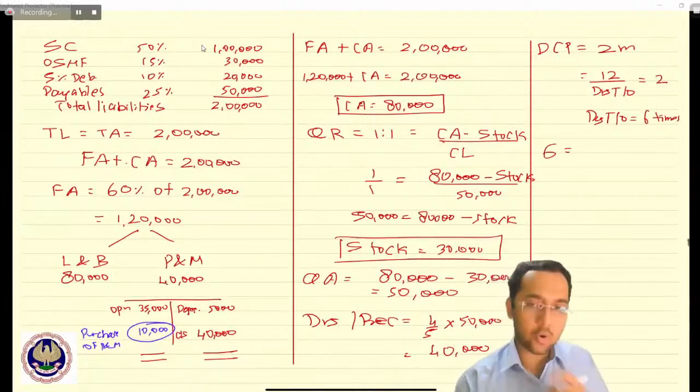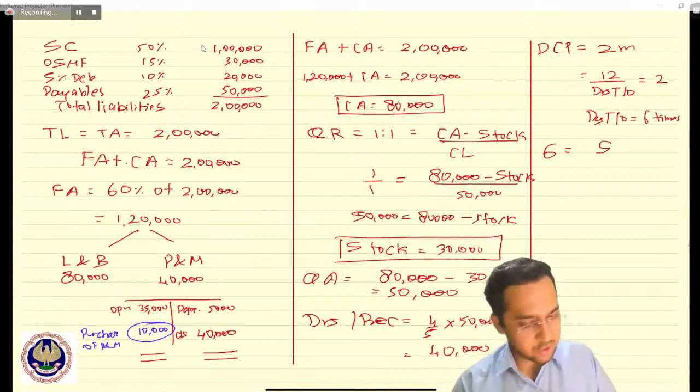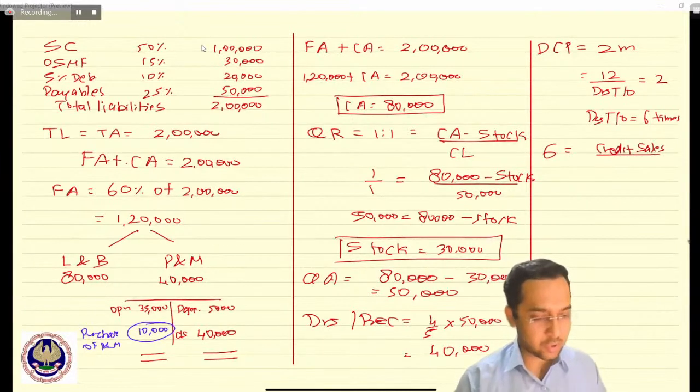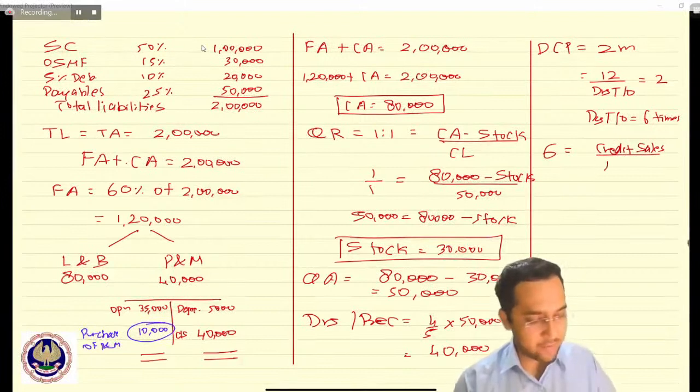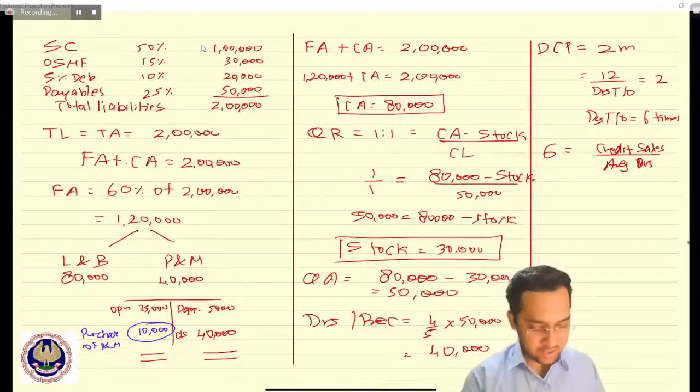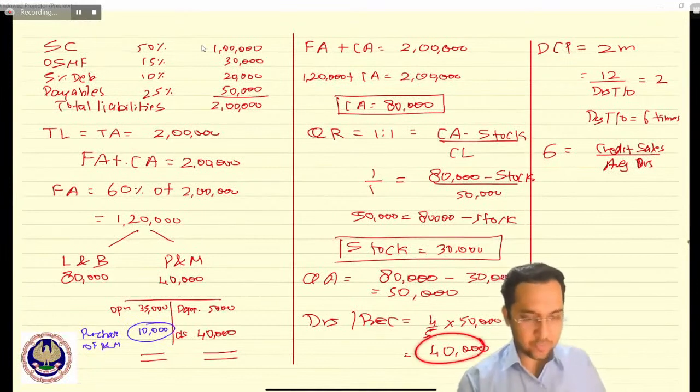So, sir, how do we get this debtors turnover? Debtors turnover is our credit sales upon the average debtors. Now, there is no information about average debtors. So, we'll simply take this to be our average debtors itself.